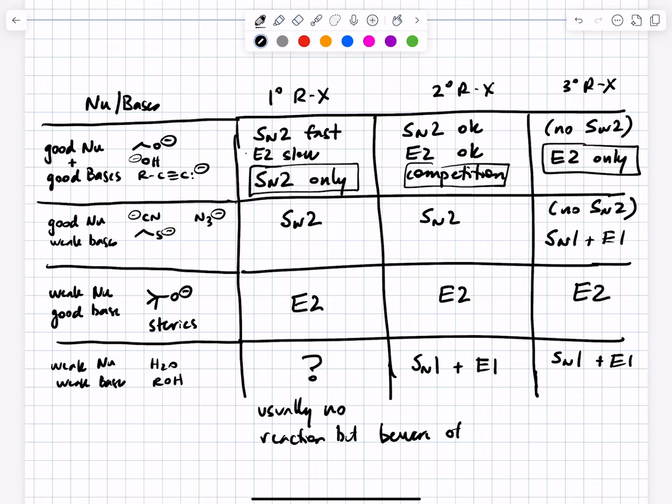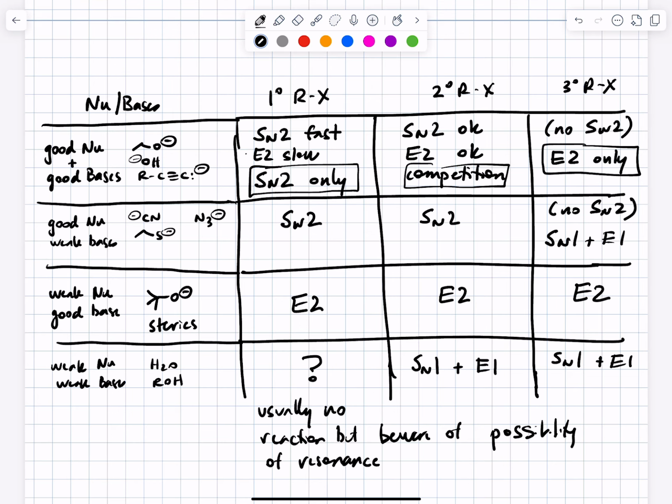Beware of the possibility of a resonance stabilized carbocationic intermediate, which would make SN1 and E1 possible. Okay, so that's sort of your overview.